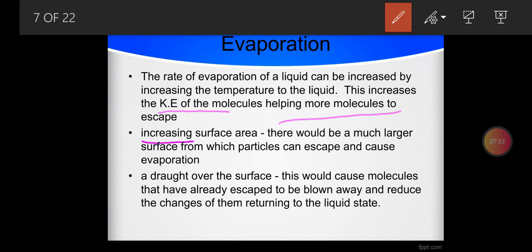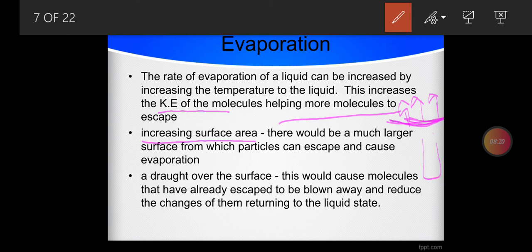Similarly, we have another factor, the surface area. We might have observed that if we keep a liquid in an open container, like a saucer, the molecules will escape more easily as compared to a liquid kept in a closed container or a narrow bottle.